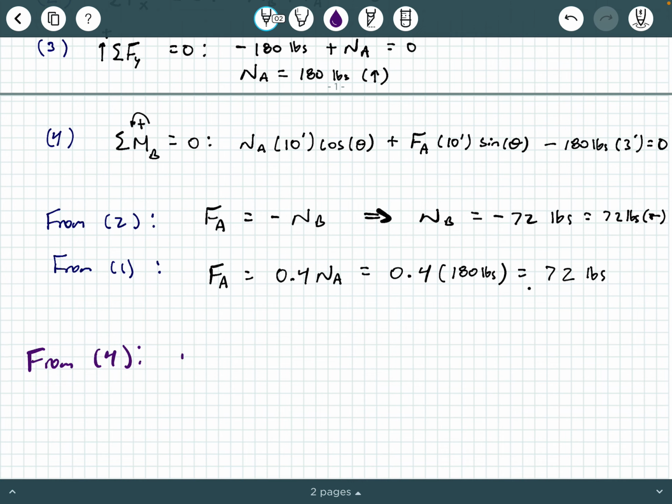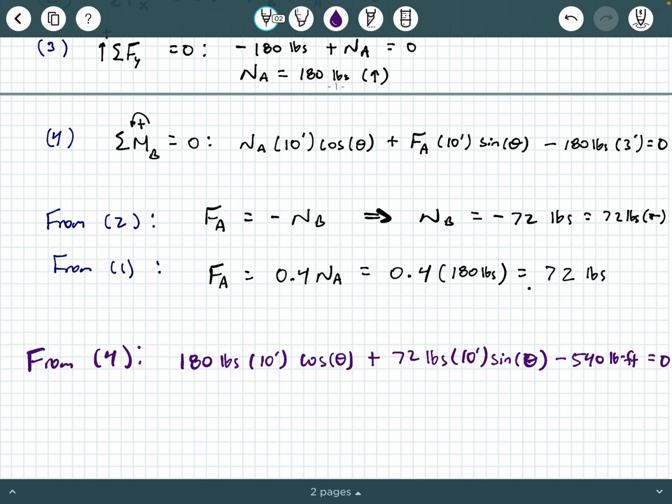So we'd say 180 pounds times 10 feet times cosine theta. And then we just got FA is 72 pounds, so plus 72 pounds times 10 feet times sine of theta. And then 180 times 3 is 540, so we'll say minus 540 pound-feet equals 0.